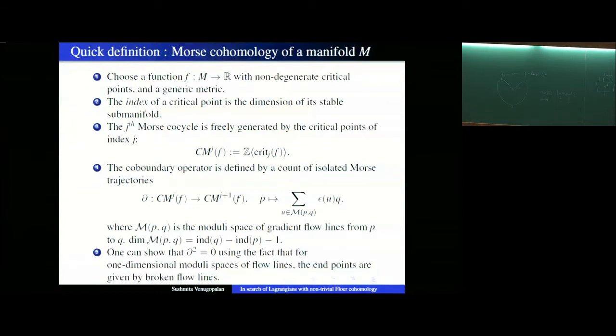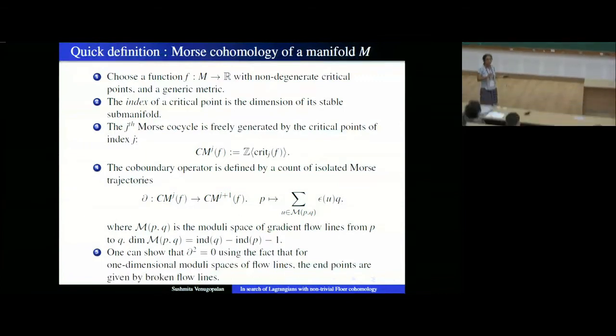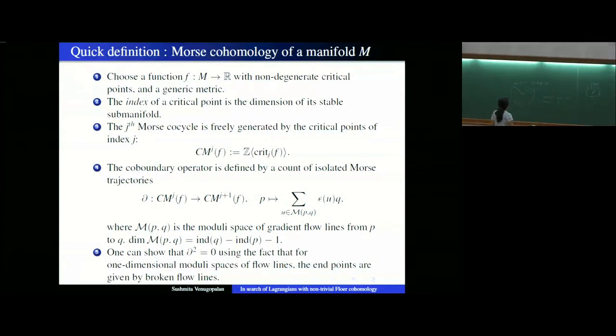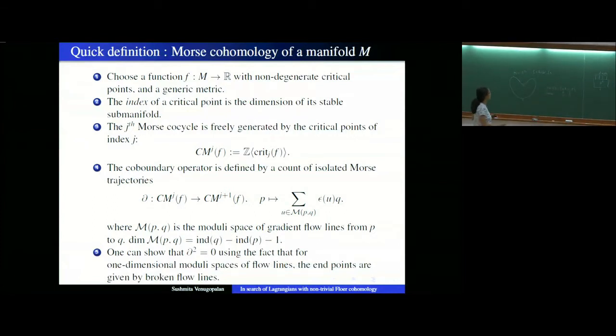Stable manifold means the set of points which flow to the critical point under the downward gradient flow of F. So for A and C, which are maximum points, the index is 0. B is a saddle point, so it has index 1, and for the minimum, an open set of the manifold is going to be the stable locus, so the index is 2.